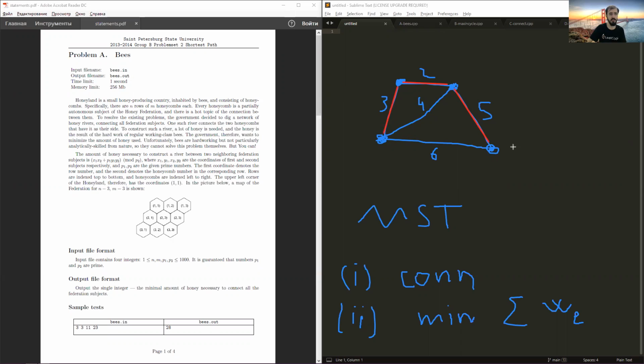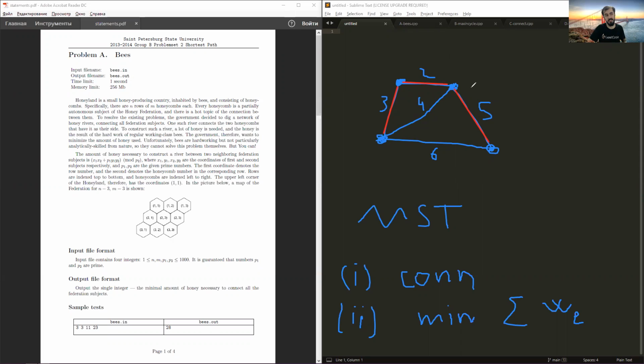I think we absolutely have to connect this vertex to the rest. The cheapest way to do it is by taking 5. Then we have to connect these two. And it feels like 2 and 3 are the shortest in this particular example. But I mean, it's an intuition so far.